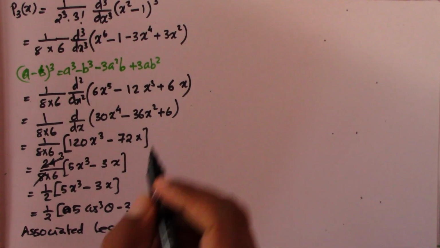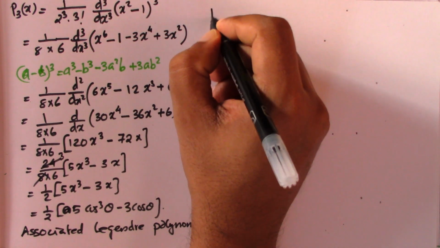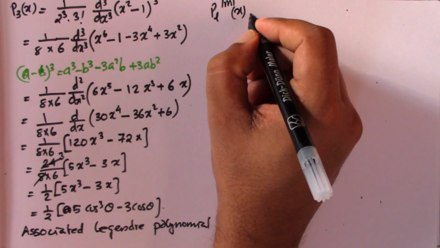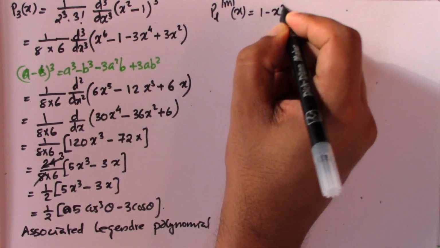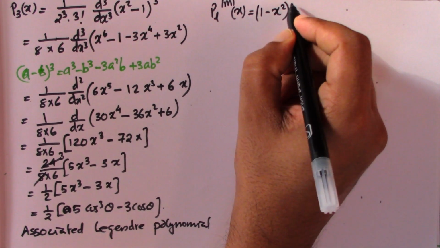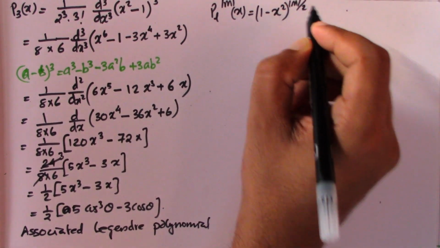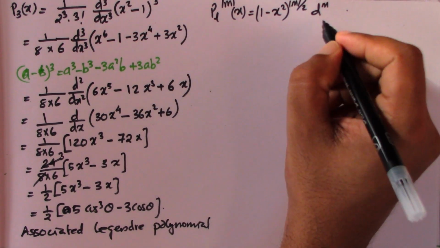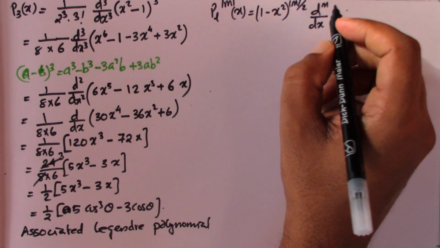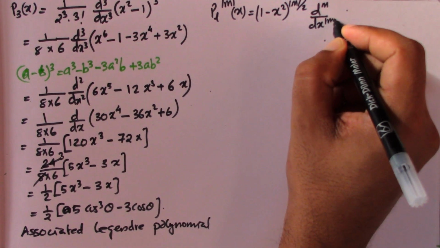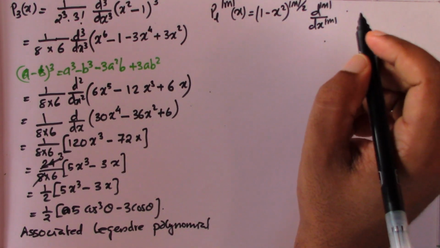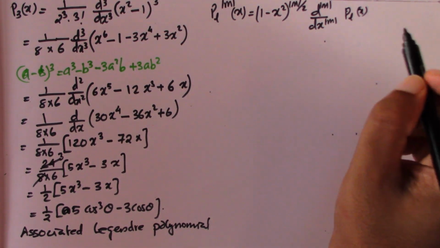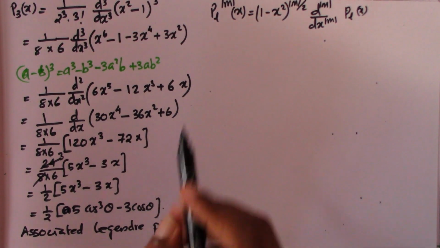And the associated Legendre polynomial is defined as P_L^M(x) is equal to (1 minus x square) raised to m by 2 into d raised to m by dx raised to m, actually we are taking the absolute value of m, d raised to m by dx raised to m of P_L(x). That is P_L^M(x), and this is called the associated Legendre polynomial.